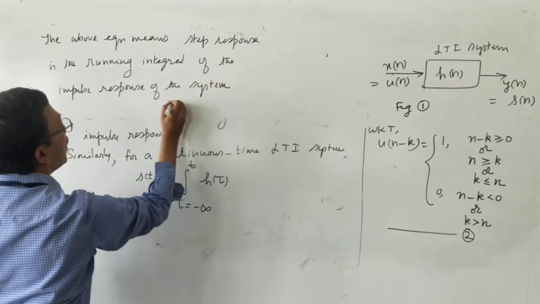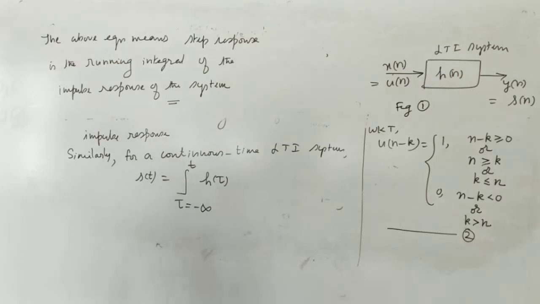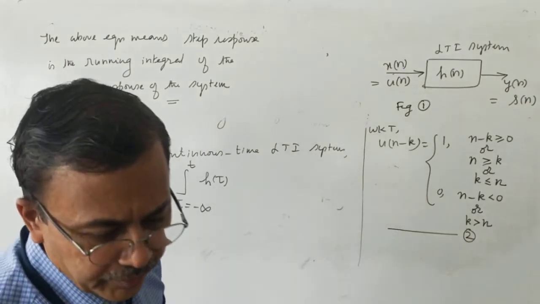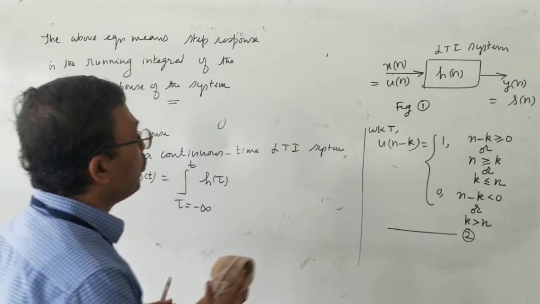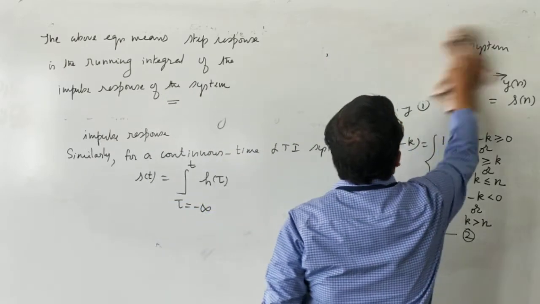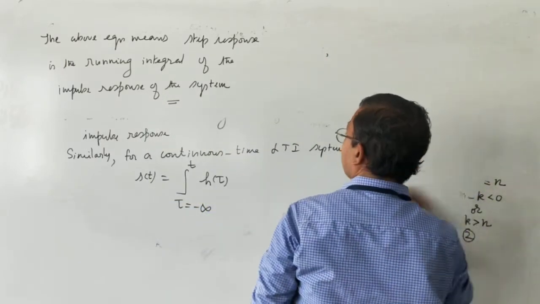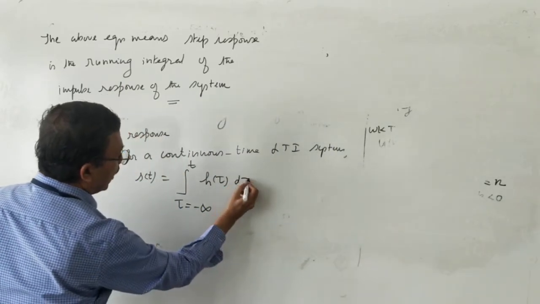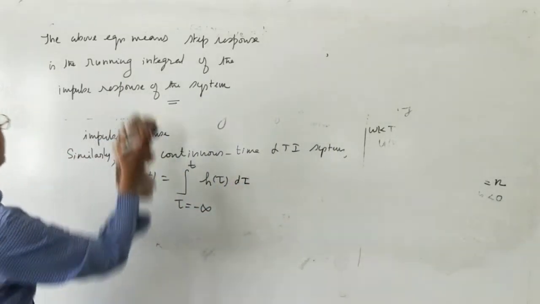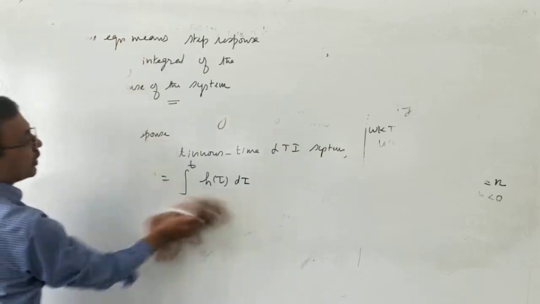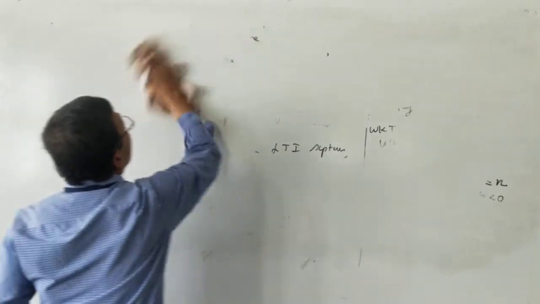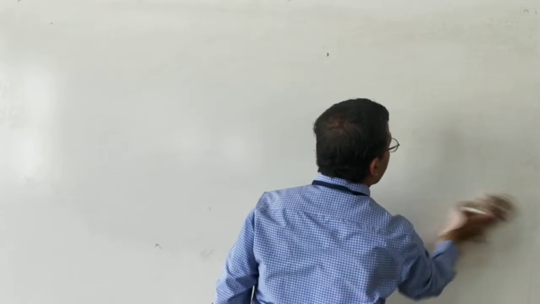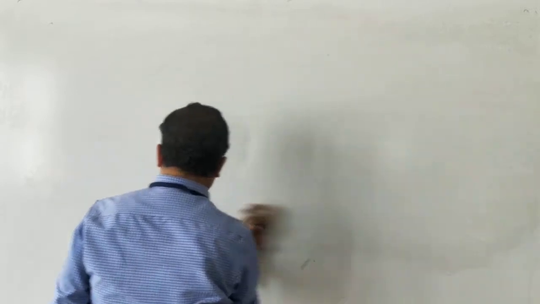Very, very important conclusion. Now, based on this theorem, I will do a few problems. So, this d tau, please write. I forgot to write d tau. Include. Okay.